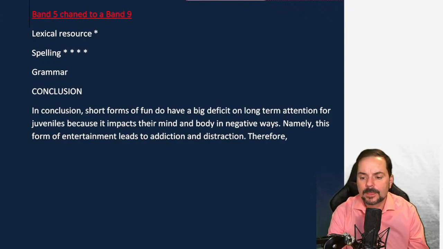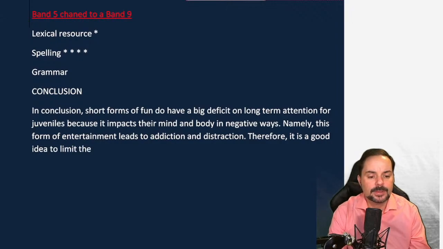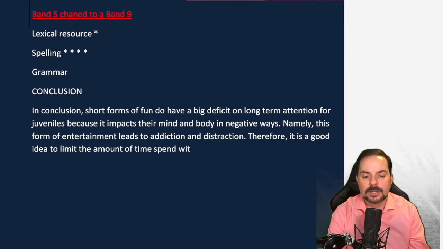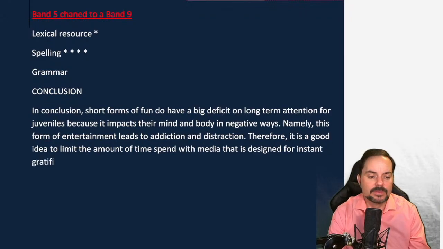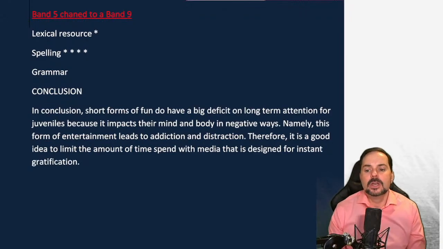Therefore, it is a good idea to limit the amount of time spent with media that is designed for instant gratification. Okay? So something like that.